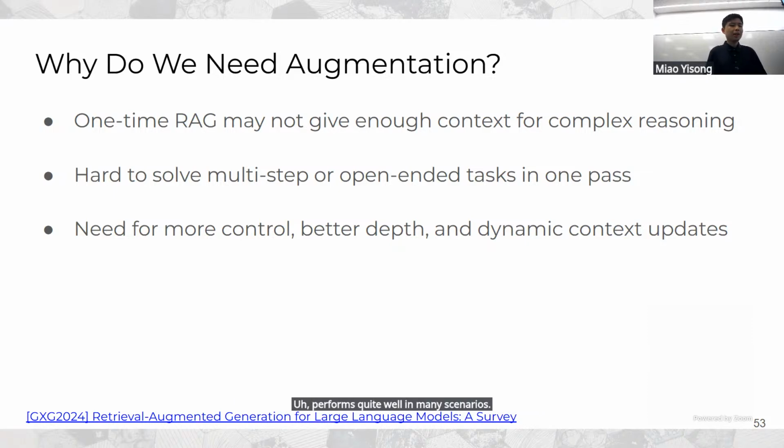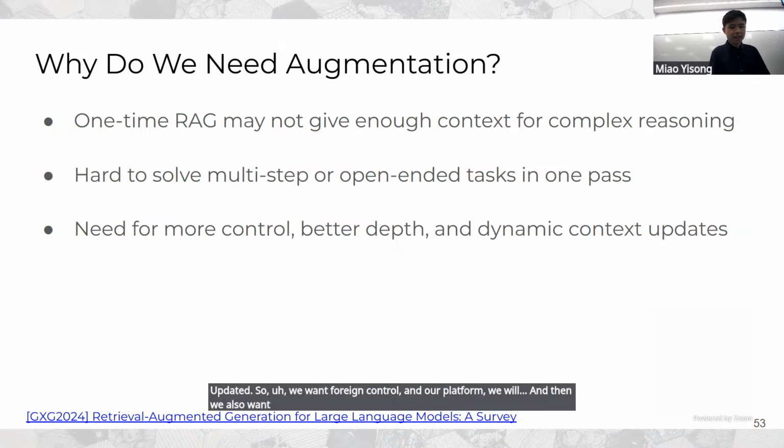But for complex reasoning and agentic tasks, the vanilla one-time RAG may not be enough, and it can hardly solve multi-step or open-ended tasks, as it provides insufficient support when the contexts are dynamically updated. So we want more control and better depth from retrieval, and we also want dynamic context updates. So this is why we need augmentation in the RAG process.